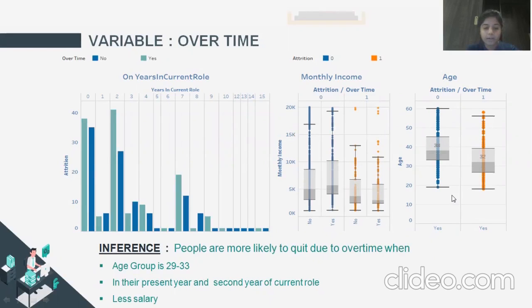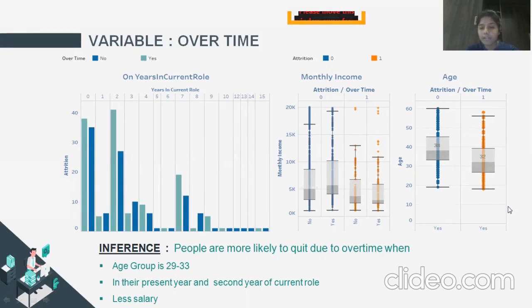So, considering the overtime variable on employees' age, for those working and not working overtime, we can infer that people who are likely to quit are around lower age levels, that is around 32 years, when compared to the people who are staying in the organization.